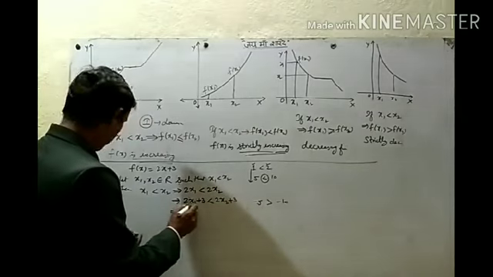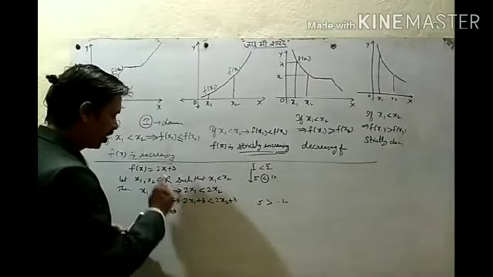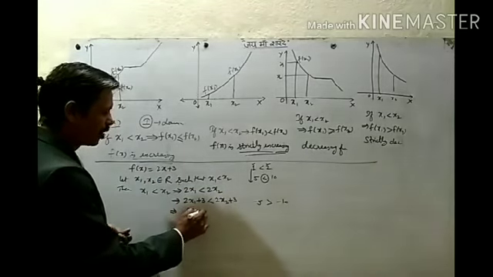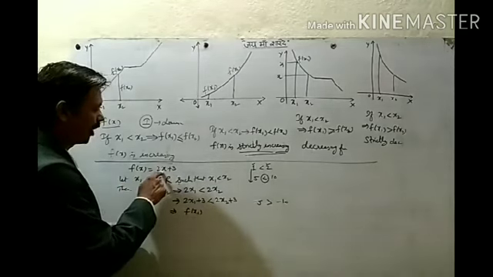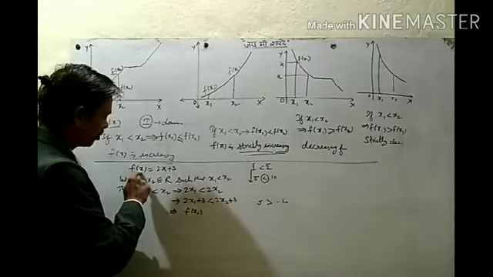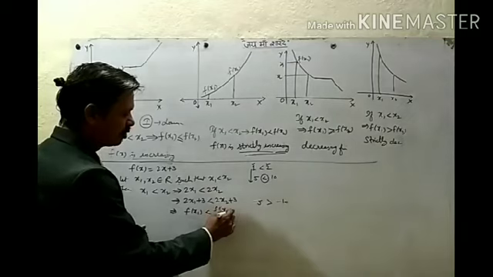Now what is 2x1 plus 3? f of x is 2x plus 3. So 2x1 plus 3 will be f of x1. If you replace x by x1, what do we get? f of x1 equals 2x1 plus 3. When you replace x by x2, then f of x2 is 2x2 plus 3. So it is your f of x2.